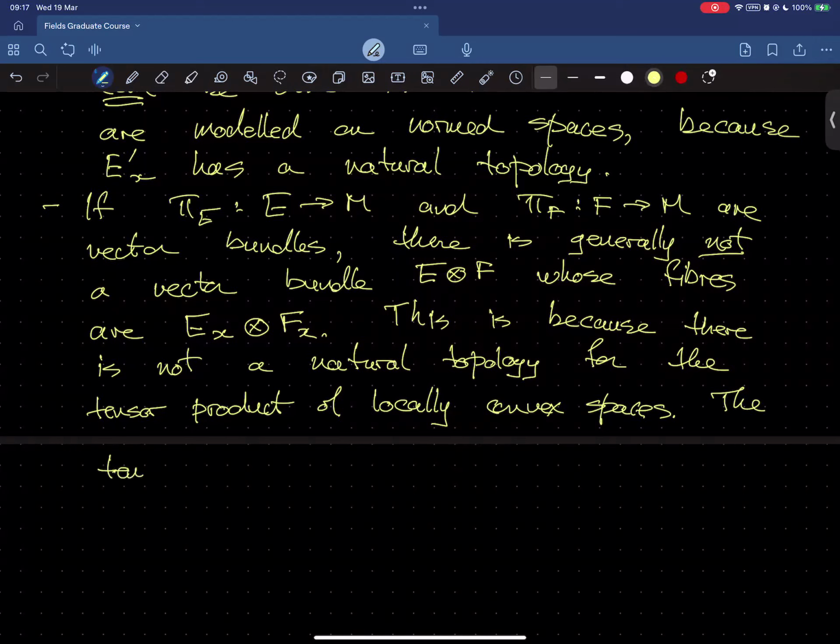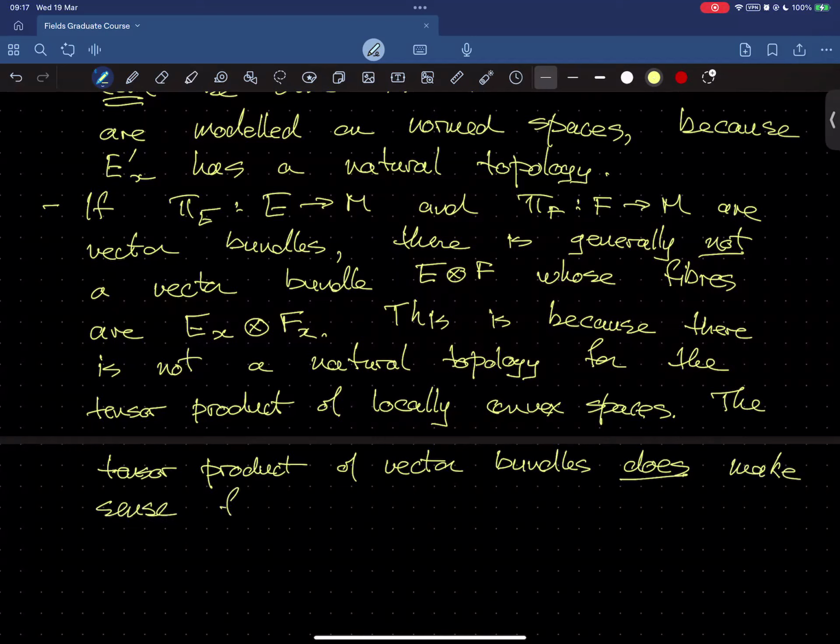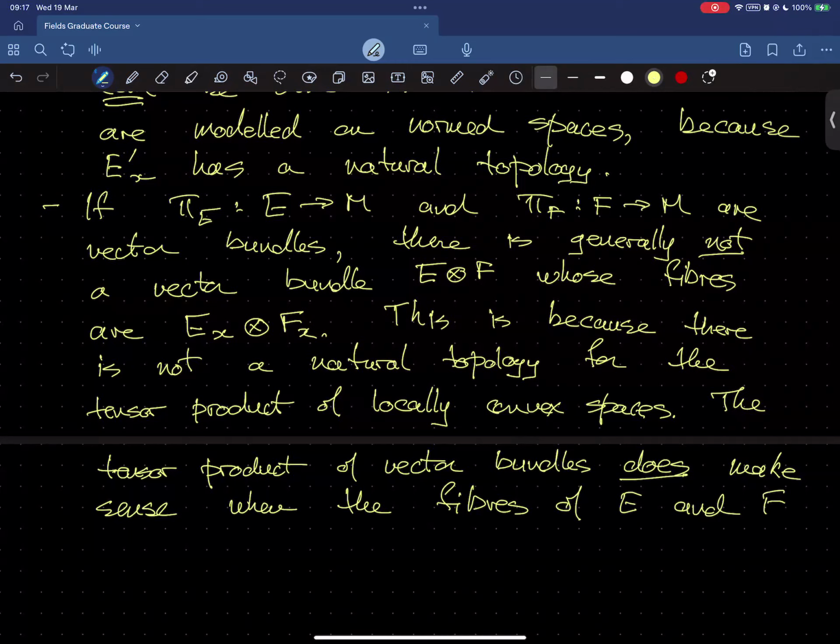The tensor product. So when does it make sense for vector bundles? For manifolds, let me say it this way. It does make sense when the fibers of E and F are finite dimensional.